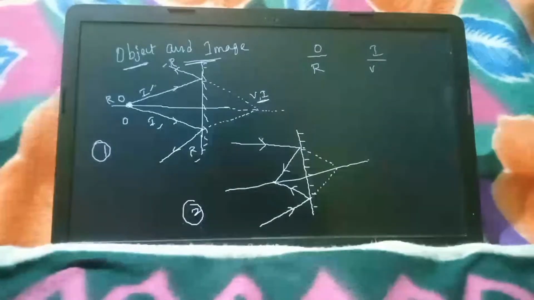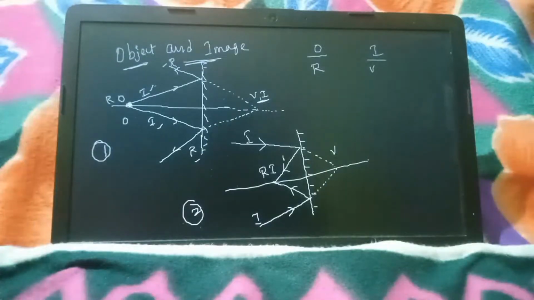Here you need to understand this is the incident ray. This one also is an incident ray. Here we are extending these incident rays. This is a real image because of the point of intersection of reflected light rays.